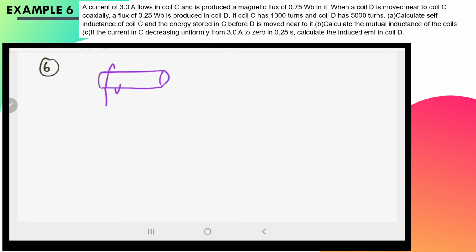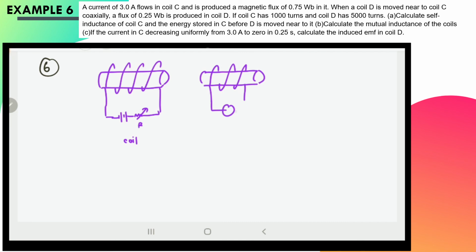Okay, so let's say this is coil 1, let's say we have R, and another one, we're going to have the second coil. Coil 1 and coil 2. So the current of coil C, in this case we use C and D, so let's write C and D. Let's take out all the information.